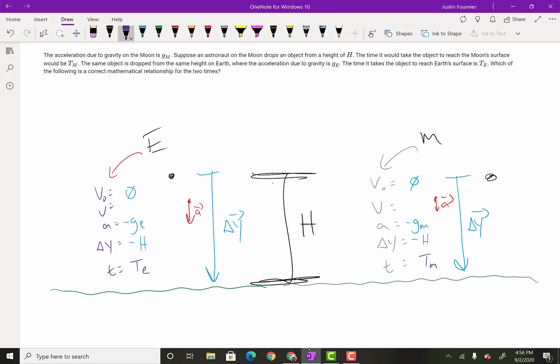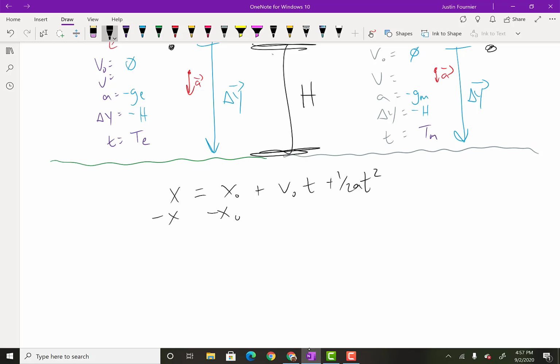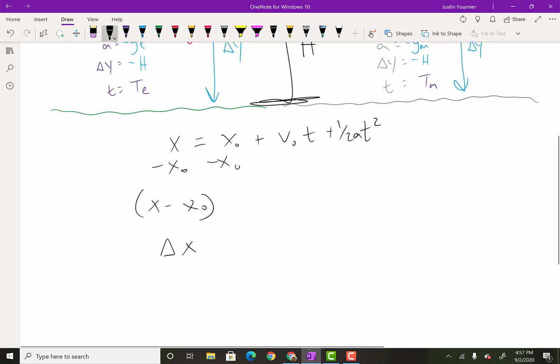All right. What I recommend doing is you've got those three kinematic equations. I'm going to use this one: the final position is equal to the initial position plus the initial velocity times the time plus 1/2 at squared. I'm going to subtract x naught from both sides, and that gives me x final minus x initial, which is displacement, delta x.